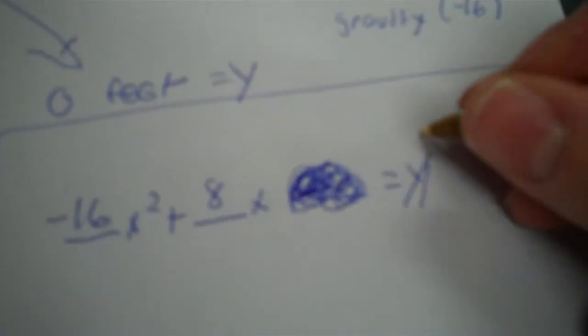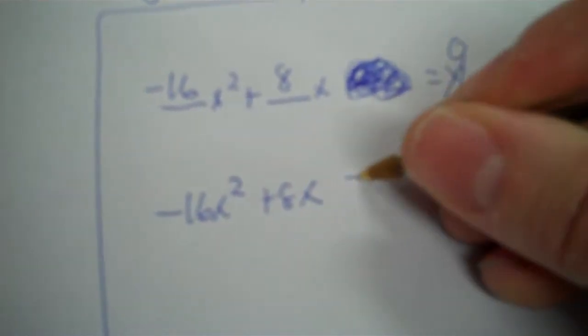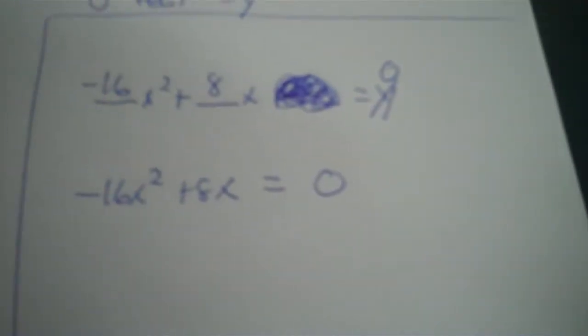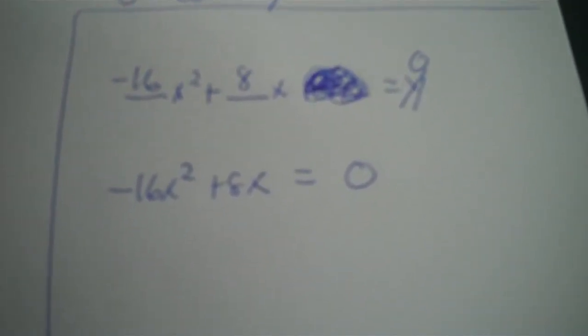Then 0 feet at the end. I'm taking it from the end, that's where I'm getting that. That equals y. So you have -16x to the second plus 8x equals 0, and now it's no longer a story problem. Now it's just a regular problem.